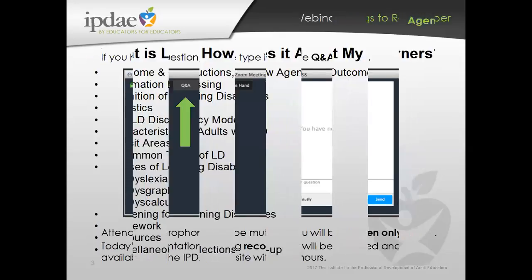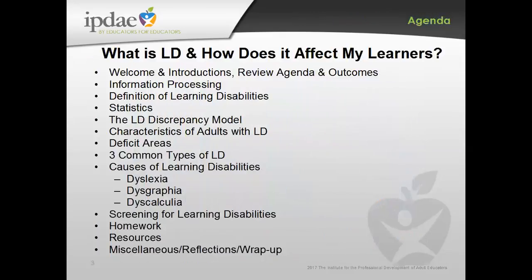Okay, let's begin. We have a packed agenda for today. The topics that we'll talk about include information processing, what is a learning disability, statistics, and something called the LD discrepancy model. We're going to look at characteristics of adult students with LD and their deficit areas.